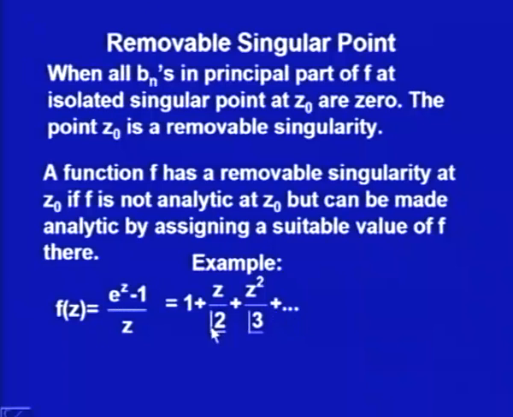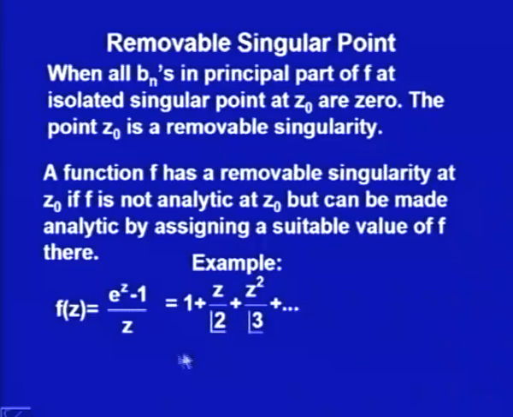So z equal to 0 is an isolated singularity which is removable. How could it be removed? The function is not defined at z equal to 0. If I take the limit of this function as z approaches 0, I get the constant 1, and all other terms become 0.